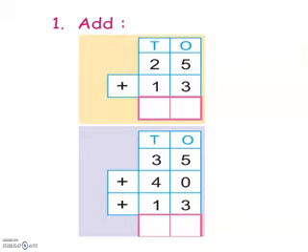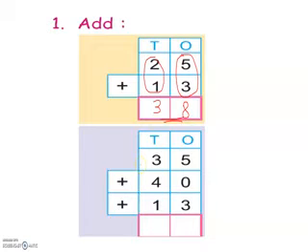Add 25 plus 13. How can you add? First you have to add the ones place digits 5 and 3. What is 5 plus 3? 8. Yes, 5 plus 3 is 8. Now we have to add the tens place digits 2 and 1. 2 plus 1 is? Yes, 3. So our answer is 38.